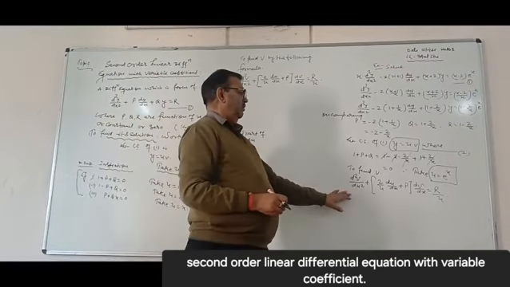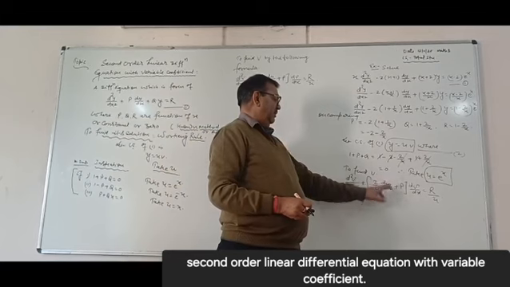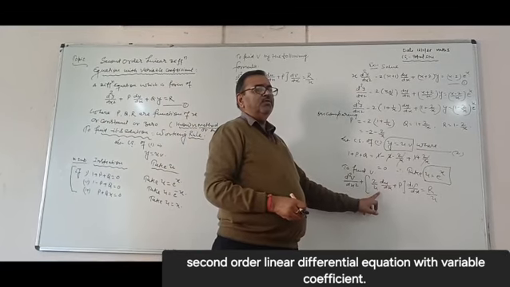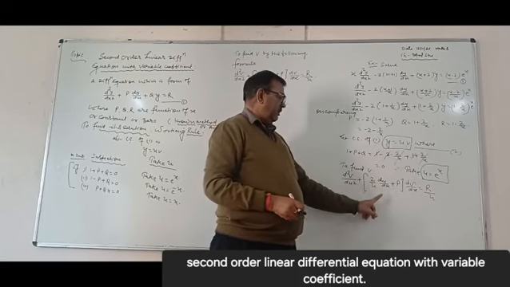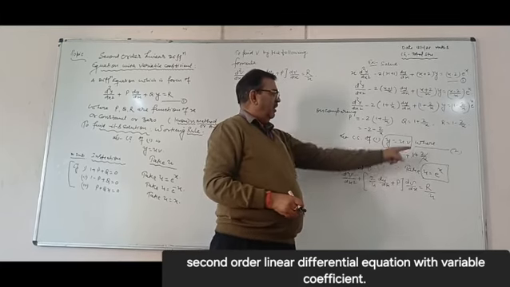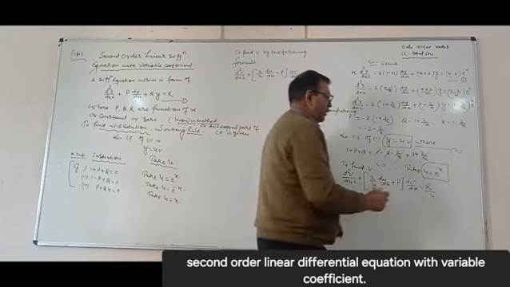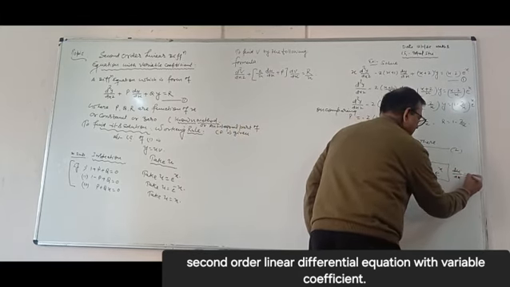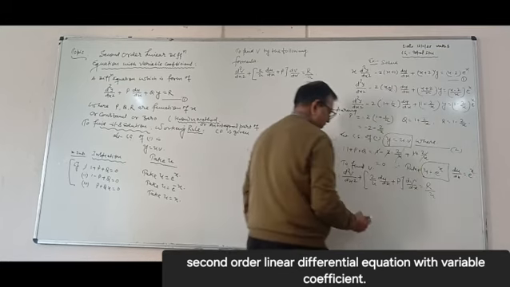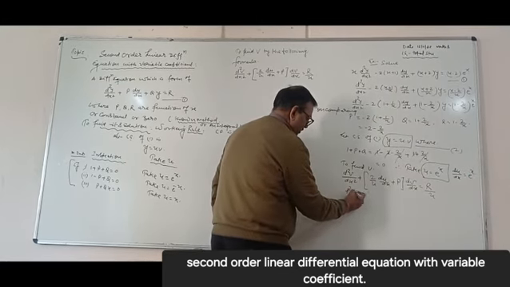Now you have to put in all the given values. What is the value of u? u is e^x. Here we find du/dx, that is e^x. So put all these values in this equation.